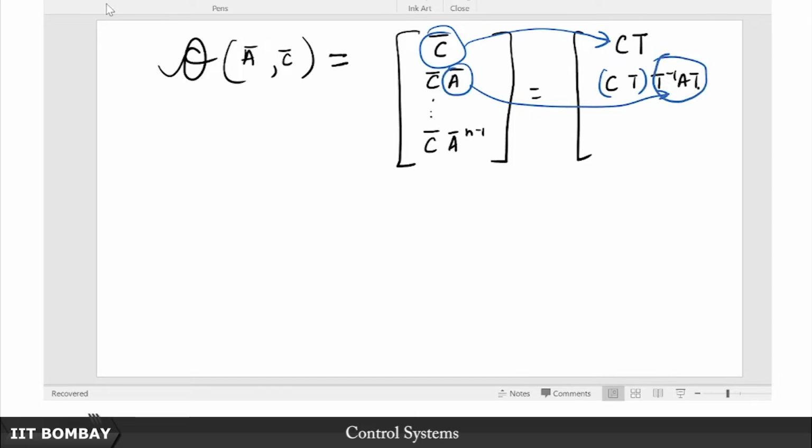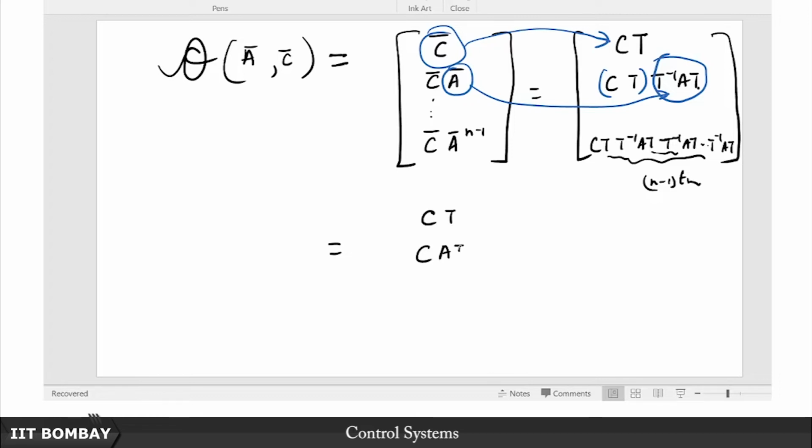Likewise in the last term, it is CT, then T inverse AT, repeating n minus 1 times, and finally T inverse AT. All these T's in between cancel out, so what you get is CT, CAT, CA squared T, till CA to the power n minus 1 T.